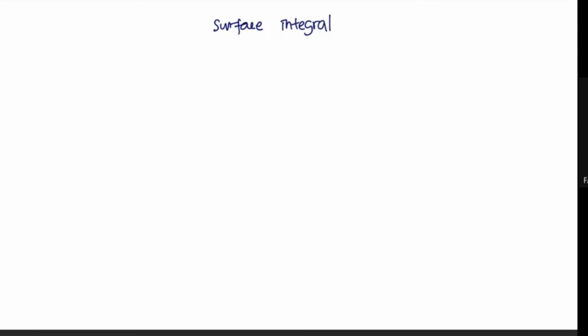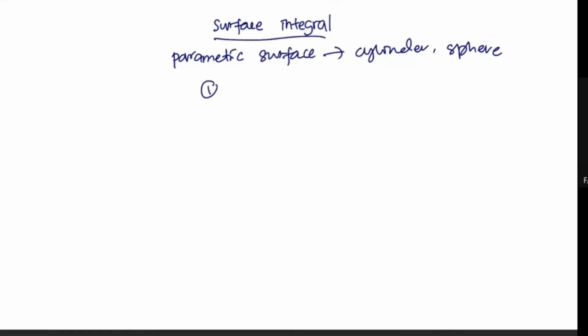For today's lesson, you have learned about surface integral for parametric surfaces, which are cylinder and sphere. The first step to find a surface integral is to find the unit normal of the surface, given by the formula gradient of S over its magnitude.